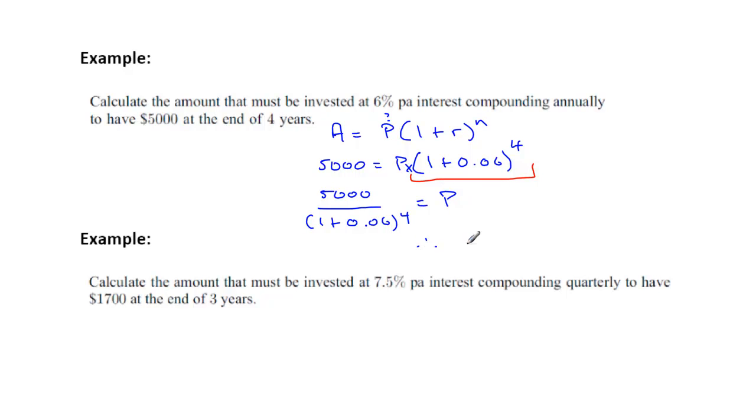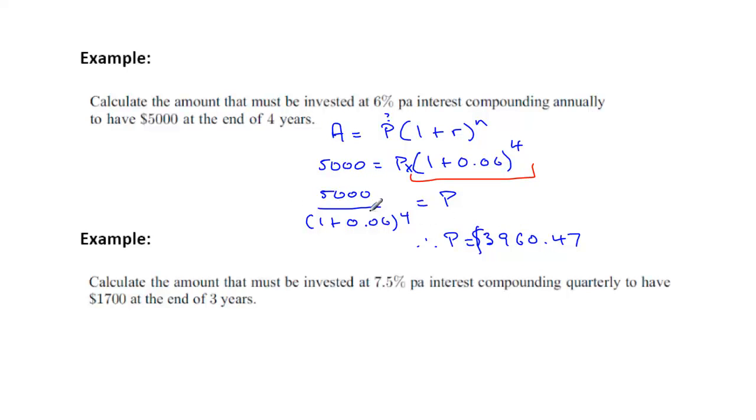And if you work this out with your calculator, this will tell us that the amount that we invest in order to get $5,000 at the end of 4 years would be $3,960.47. So this is a very good way of working out how much you would have to put away in order to have a future value that you need at some time.